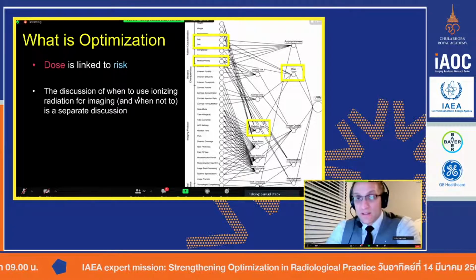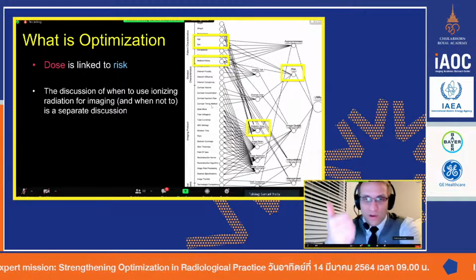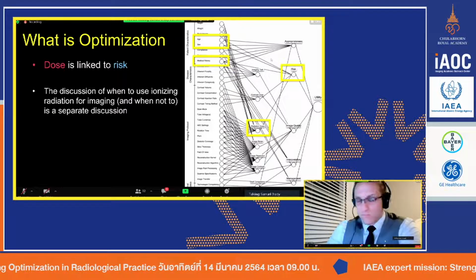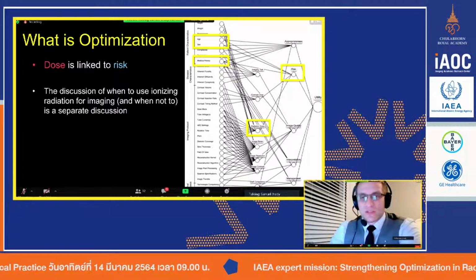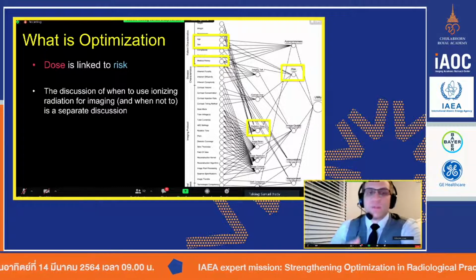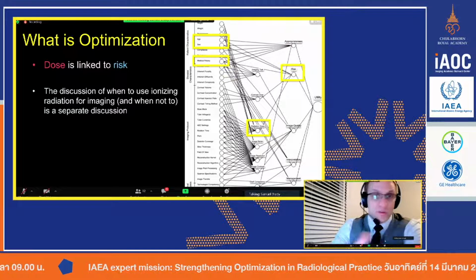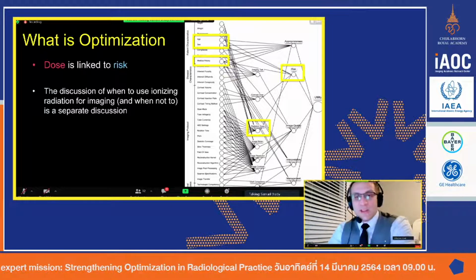And if it is, then obviously the next step is to make sure we got the right image quality and the right dose. But if it's not appropriate, then removing the need to make those images or to scan those patients really reduces the amount of radiation dose we give to our patients, because we're taking that away. And it obviously completely reduces the risk to that patient.